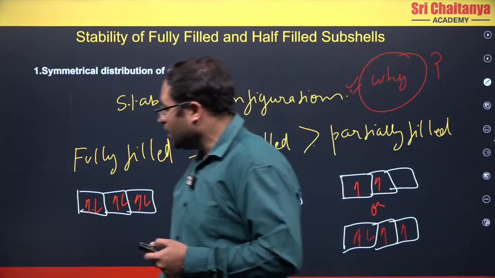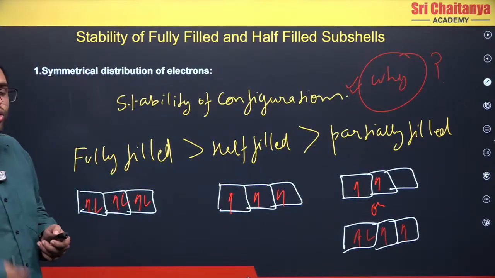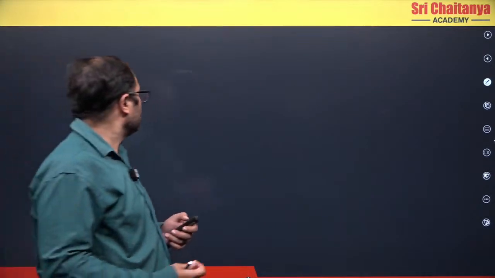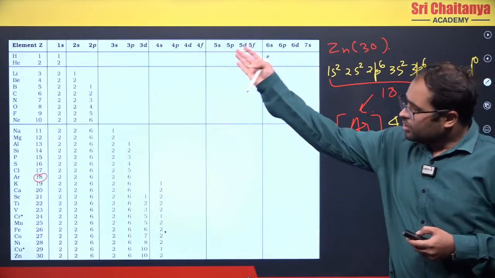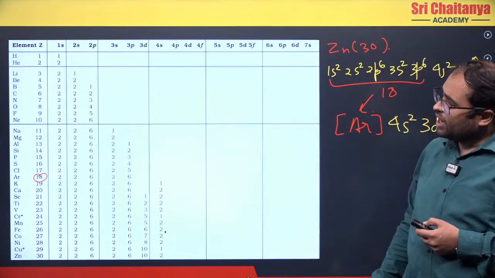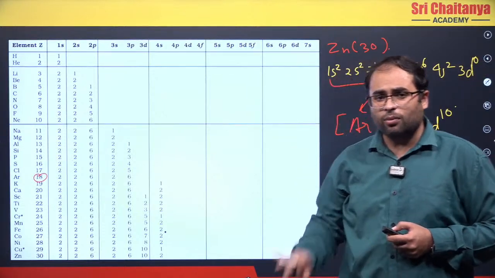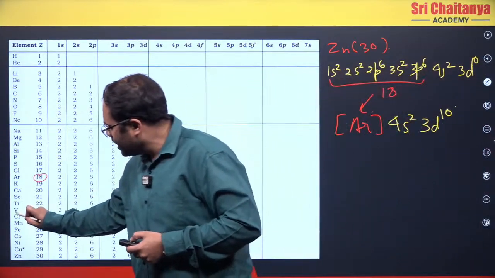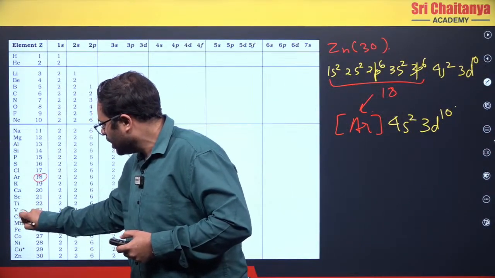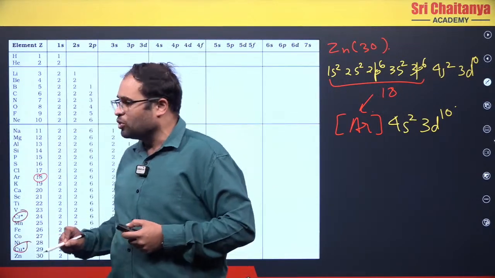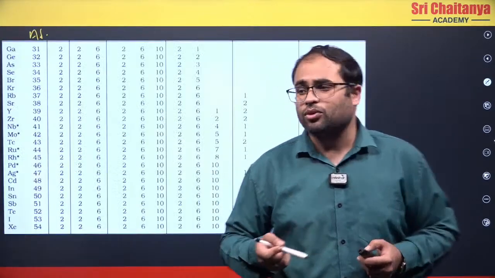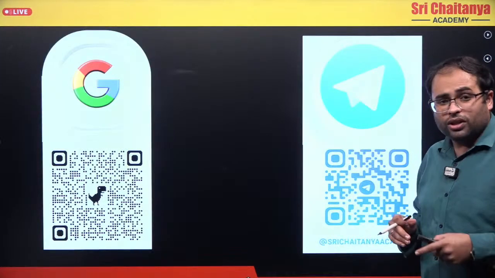Keep your appetite hungry for the next class. By the time the next class comes, note down these tables and try to write down these configurations. There will be some exceptions where there is a star here. Don't pay heed to exceptions. Write what is not exceptional. And I will meet you in the next class.